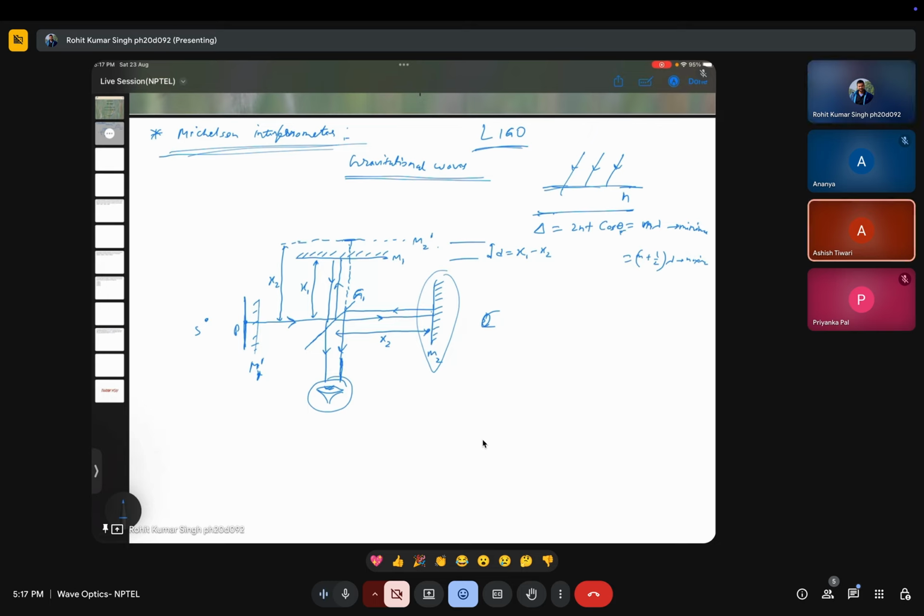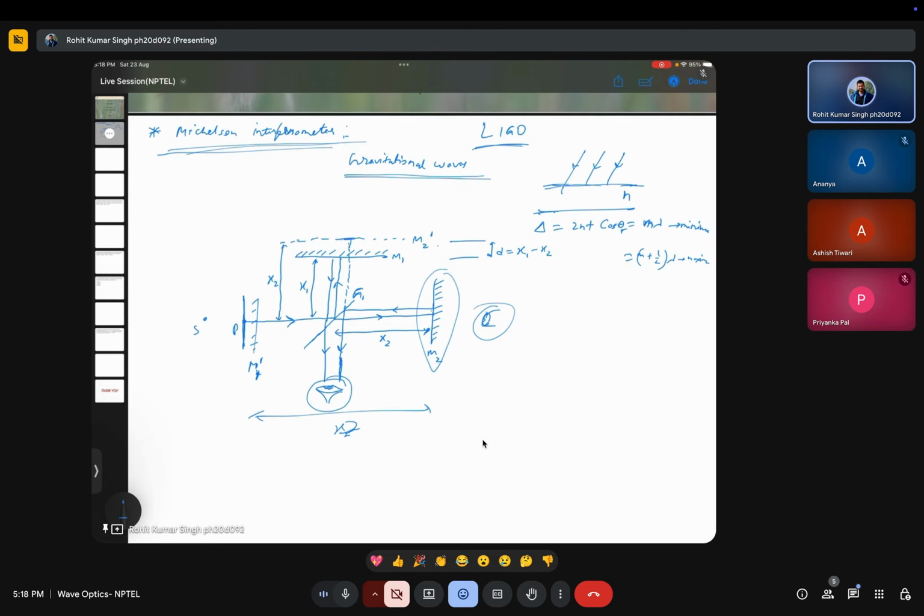To get interference, if you are looking from here, you won't get any because this distance is too large, and the light might not be coherent or goes out of phase over that distance, so you won't observe the interference pattern. But when you are looking from here, this distance is small, and you can control it.